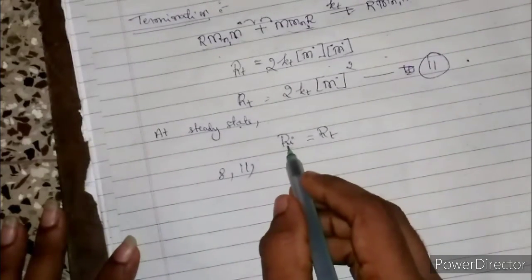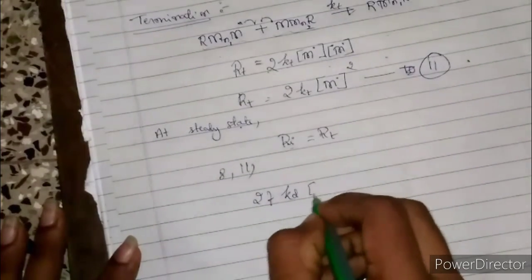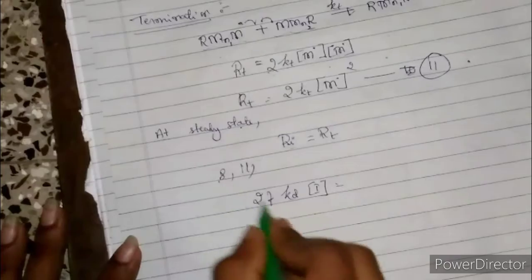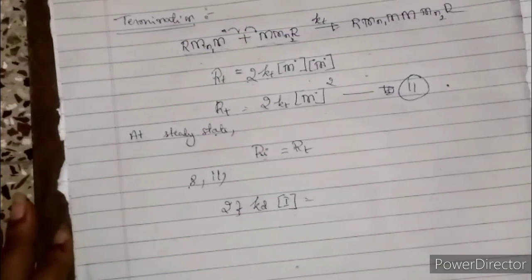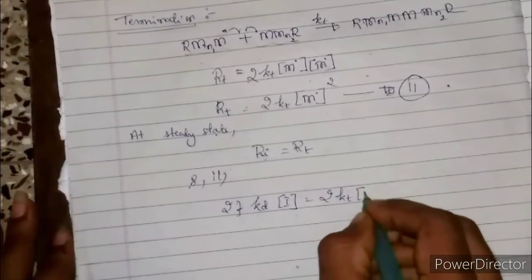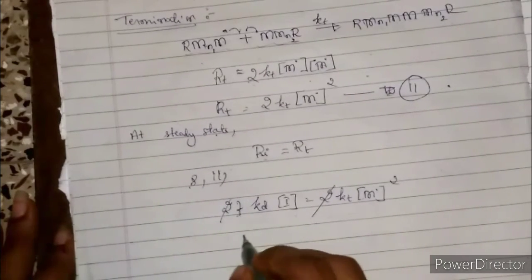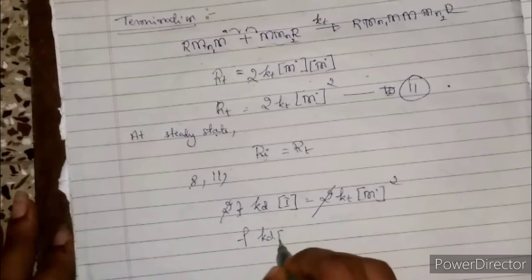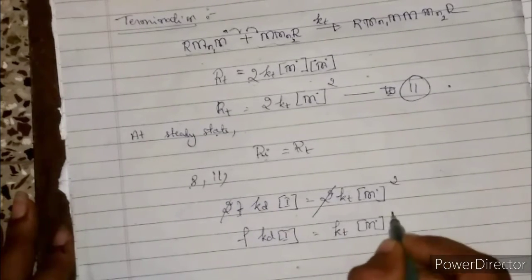We have Ri as 2F Kd concentration of I, from equation 8. And for Rt we have 2 Kt concentration of M free radical square. The 2 cancels. Then write as such: F Kd concentration of I equals Kt concentration of M free radical square.